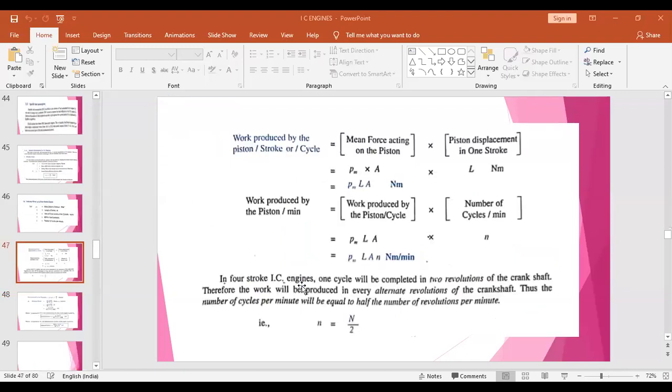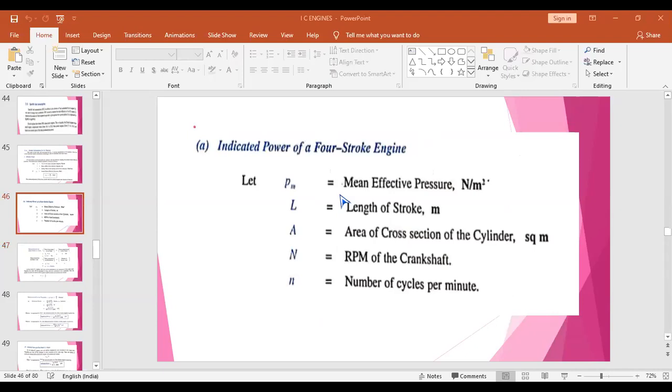Use these concepts and substitute in the equation: mean force acting on the piston multiplied by piston displacement in one stroke, that is L, in newton meters, PM into A. Substitute all the values here. You will get the indicated power of a four-stroke engine.